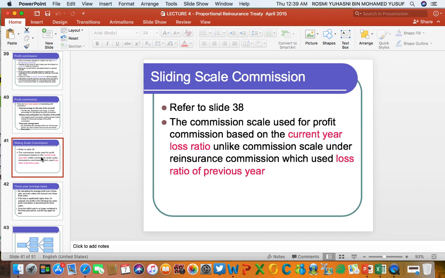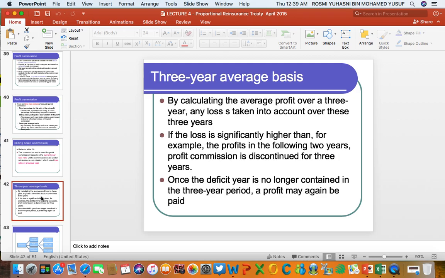For sliding scale, please refer back to my previous video. Now, 3-year average basis as a profit commission. This type of commission depends on the profit and loss account of the reinsurer for 3 consecutive years. By calculating the average profit over 3 years, any loss taken into account over these 3 years is important.